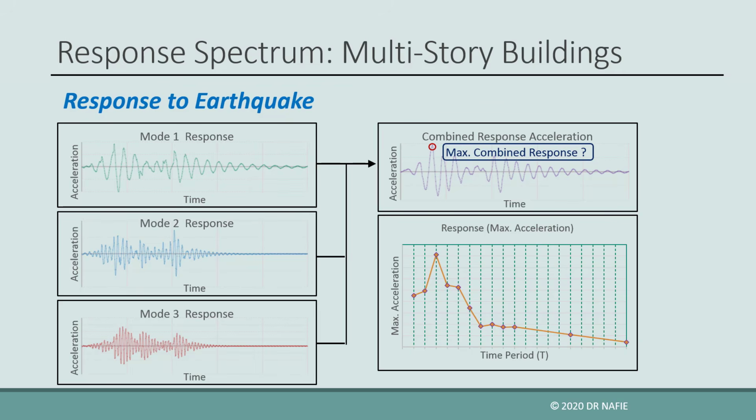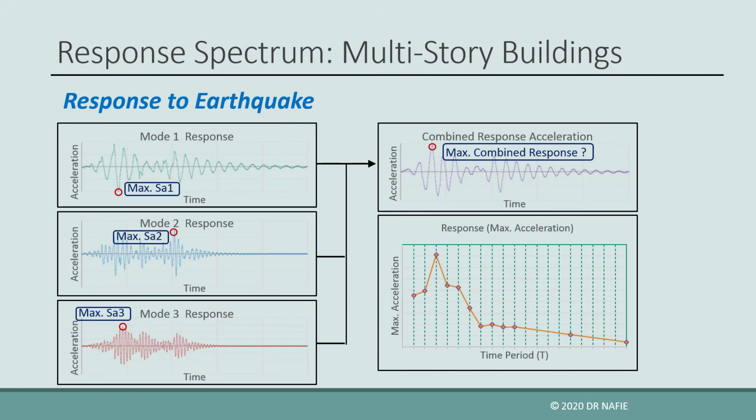It has a natural period associated with each mode shape. Therefore, the response spectrum curve will give us a maximum response for each mode of vibration. However, the response spectrum curve will not tell us when does this response happen and whether it is directed to the left or the right.